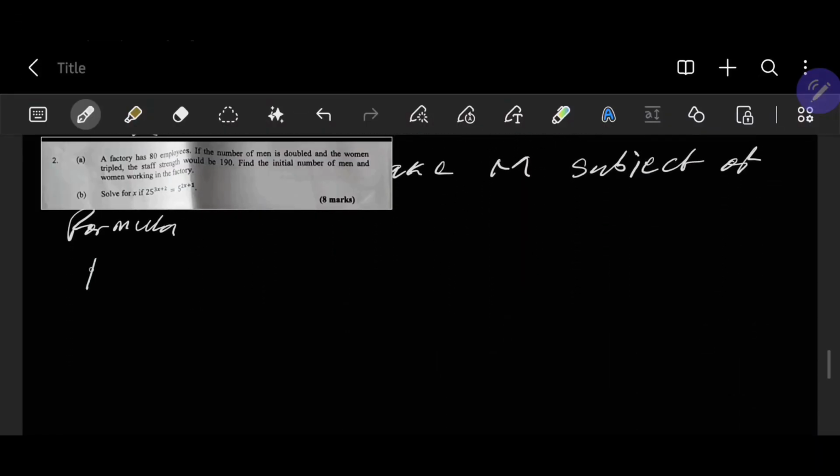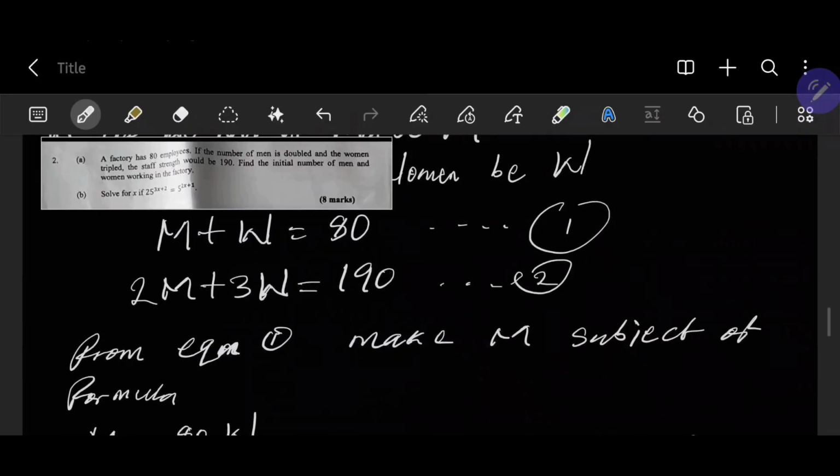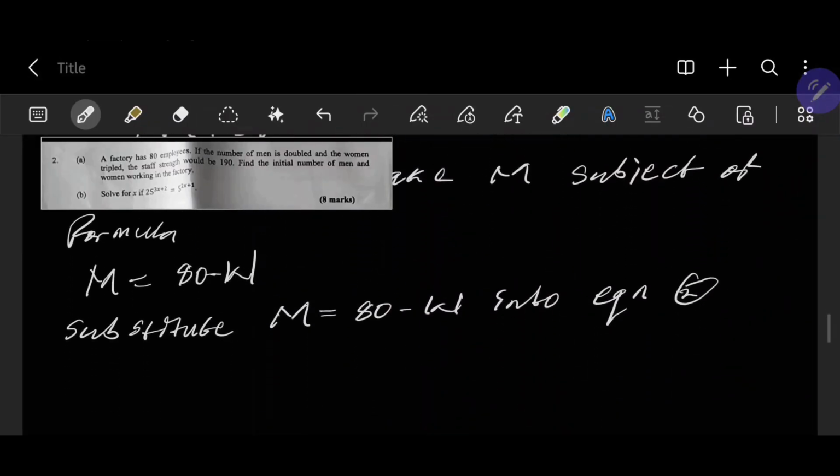So we're going to get m is equal to 80 minus w. So we're going to substitute m equals 80 minus w into equation 2. It simply means anywhere you see m in equation 2, instead of writing m, you write 80 minus w.